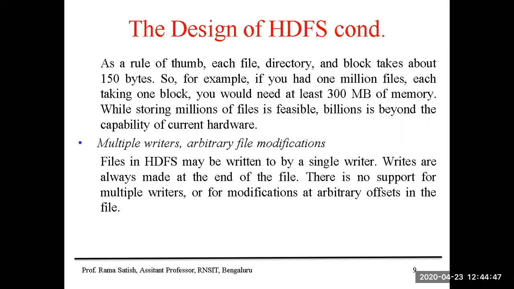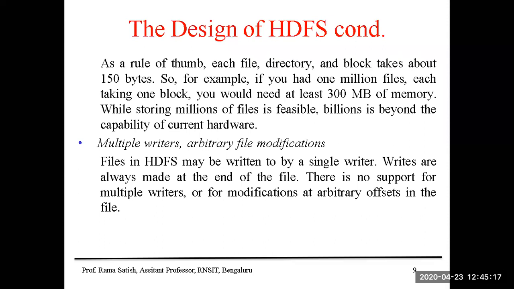As a rule of thumb, each file, directory, or block takes about 150 bytes. For example, if you have 1 million files, each holding one block, it would be at least 300 MB of memory.